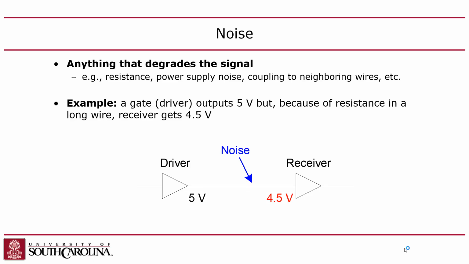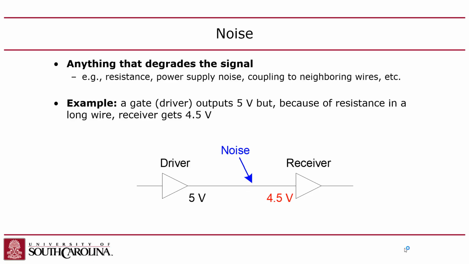But there's also power supply noise, which comes from power supply fluctuations from the digital circuit switching. The only way to deal with that is using capacitors. You can put decoupling capacitors on the chip to try to filter out that noise, but you can't eliminate it entirely. Digital circuits are kind of noisy in that sense.